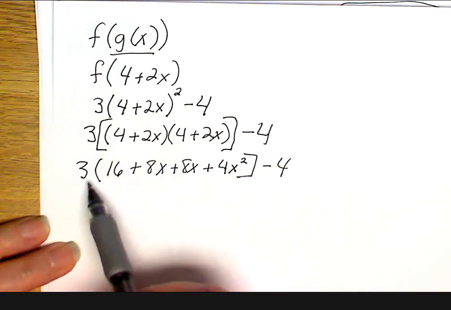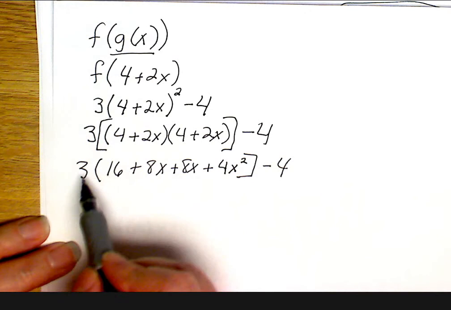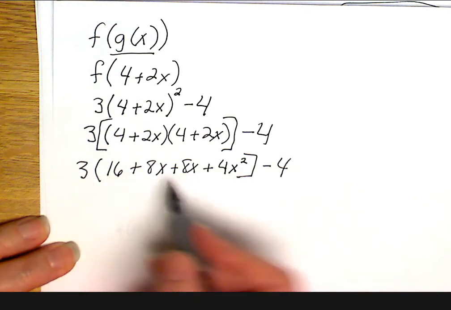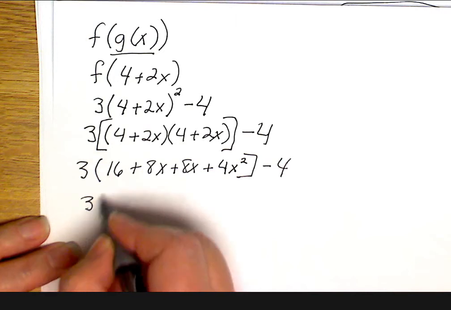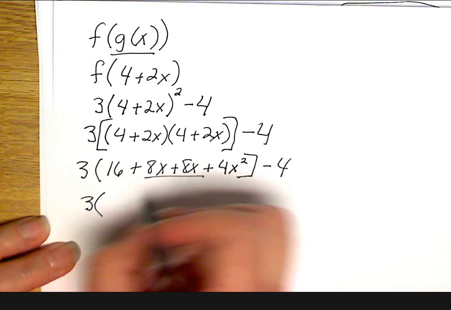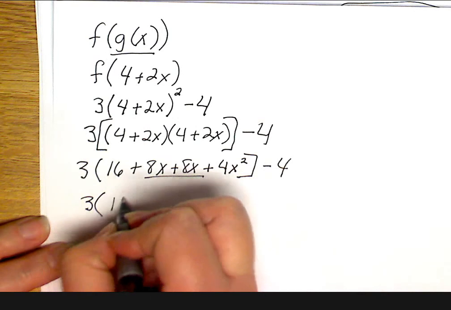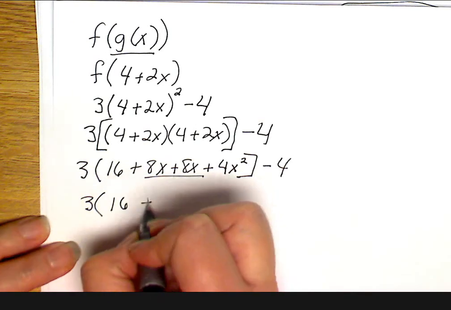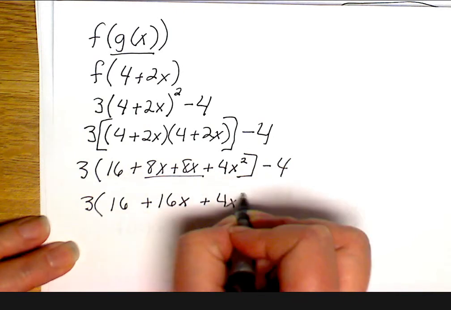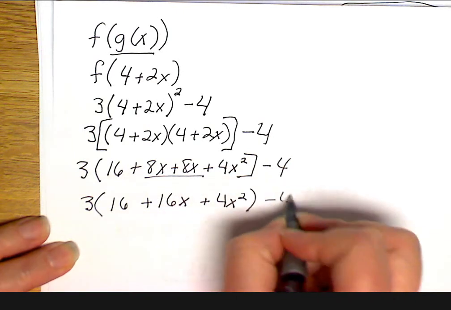Then let's simplify this right here. So I'm going to bring down my 3, and combine that. So I have 3 times 16 plus 16x plus 4x squared, minus 4.